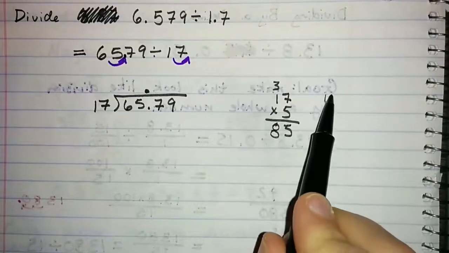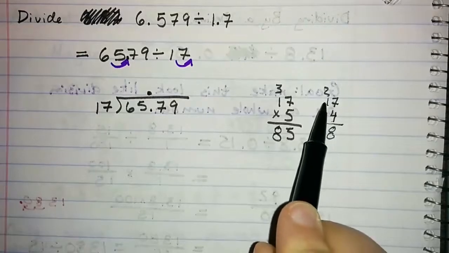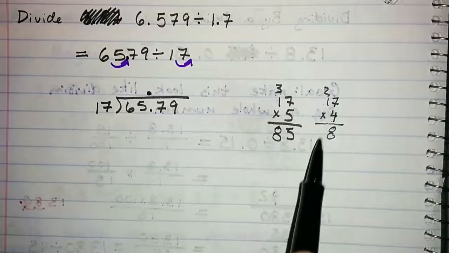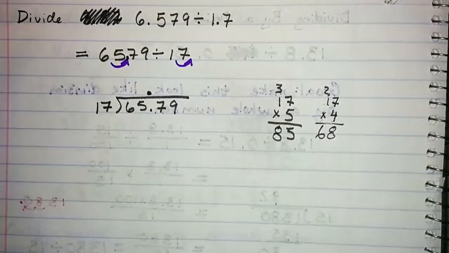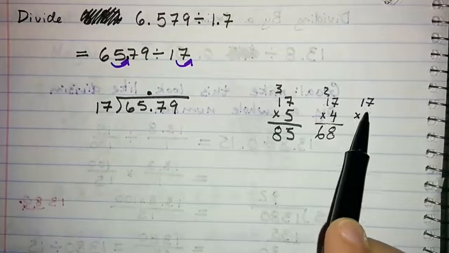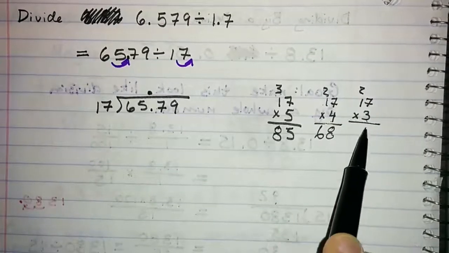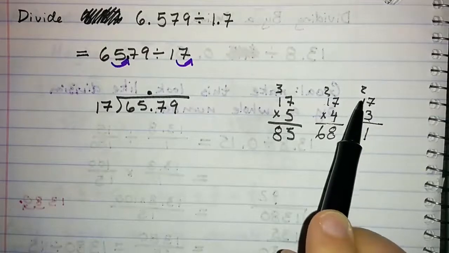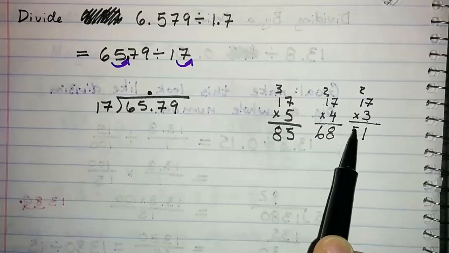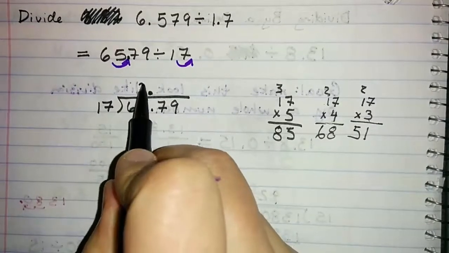Let's try 4. 4 times 7 is 28. 4 times 1 is 4, 5, 6. No, 4 was just a little bit too big. 3 will almost certainly work. 17 times 3. 3 times 7 is 21. 3 times 1 is 3, plus 2 is 5. Alright, 4 was too big, so 3 it is.